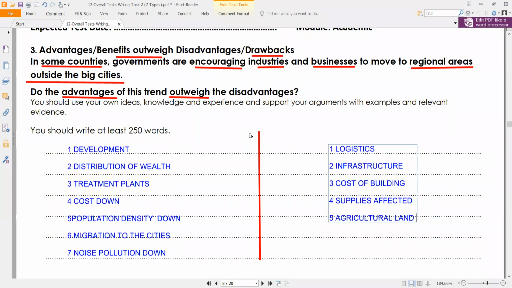Now, one thing that can be done is if you build the factories in an area which is barren, let's say it's got no agriculture, like, for example, there are some places in the world, like in Africa, where there's hardly any plantation and people are starving. So imagine if you spend money to build factories there, and the only problem there would be to get water supply from a different place.